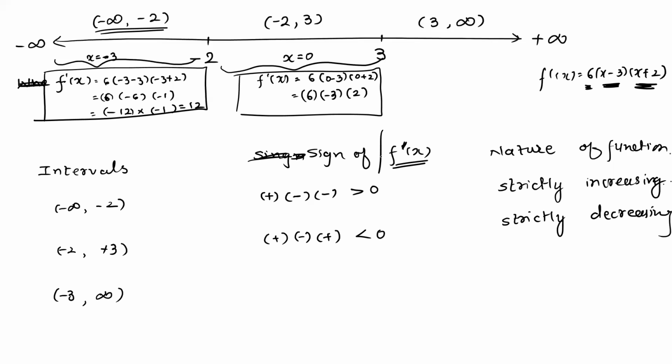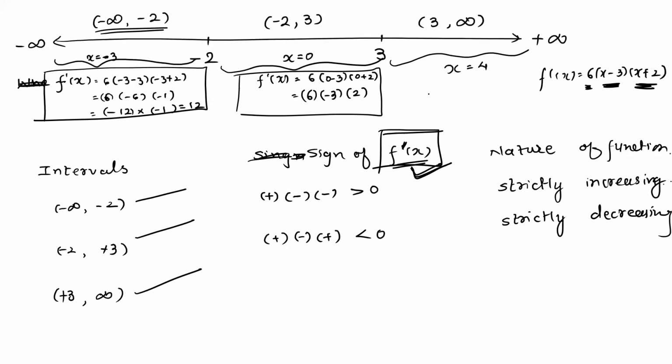Ultimately, we are trying to find out the sign of f dash x in different intervals. That's it. We are just taking a random value from that interval and we are substituting for the check. From 3 to infinity, easiest value we will take is x is equal to 4.